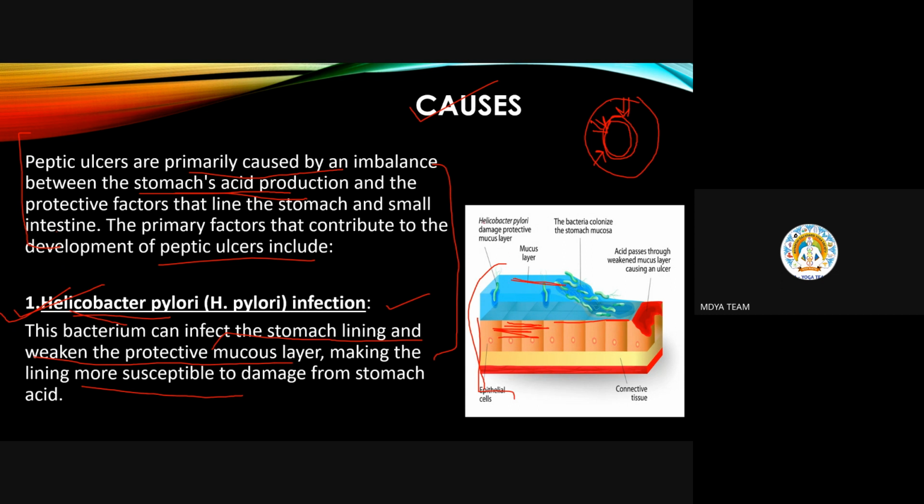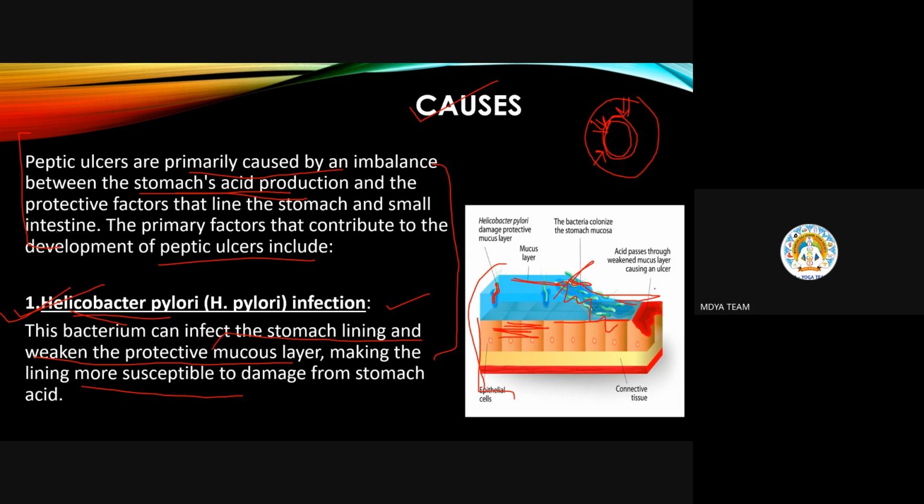Now H. pylori damages the protective mucus. This is the H. pylori bacterium. It is affecting our mucosal layer and damaging it. As it destroys it, here you can see the mucosal layer is becoming very thin, and this H. pylori is increasing day by day.